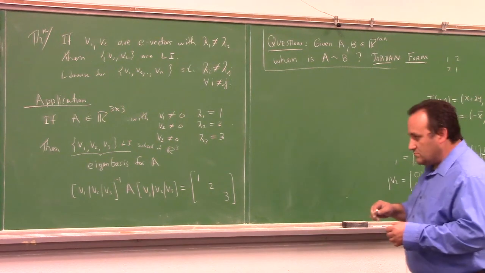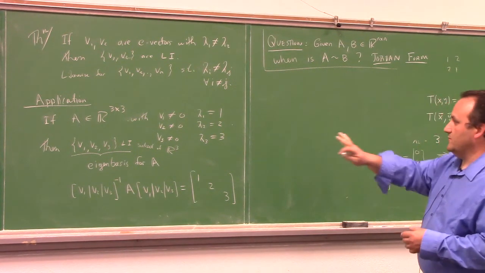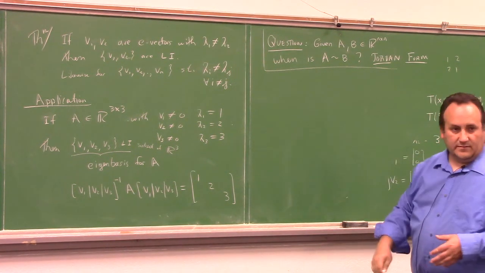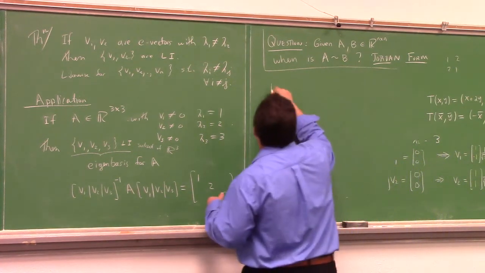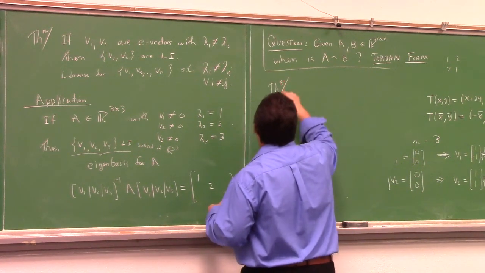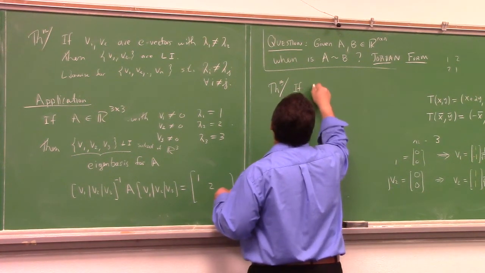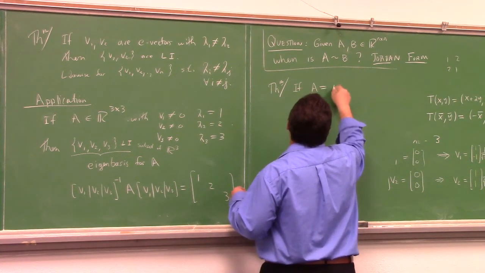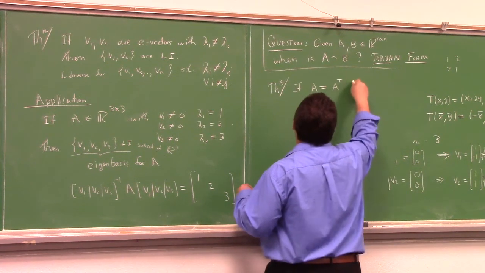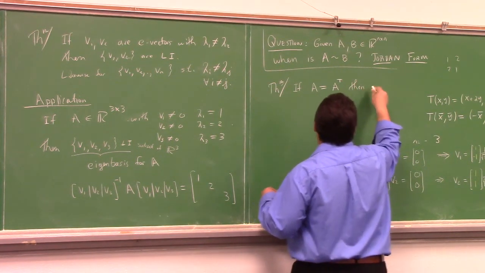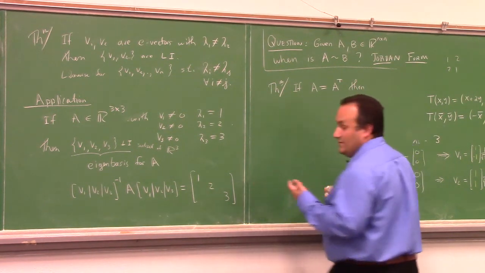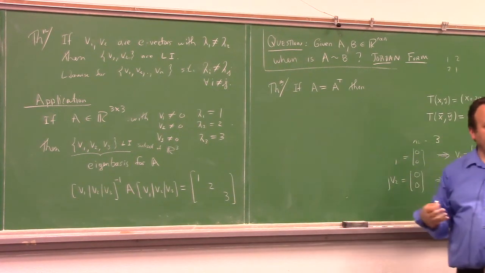So, distinct eigenvalues, great. And then, better yet, here's the theorem that we really need. All right, so here it goes. If A is equal to A transpose, and this is an n by n real matrix, okay? Suppose you have an n by n real matrix.